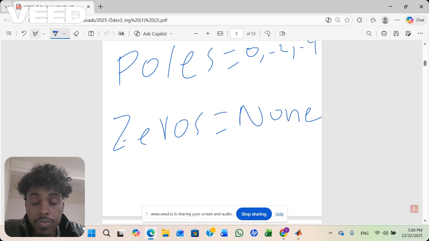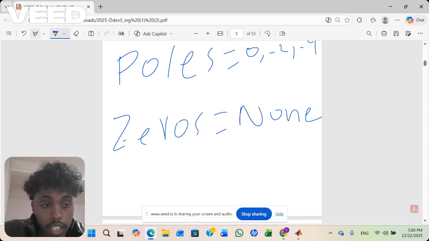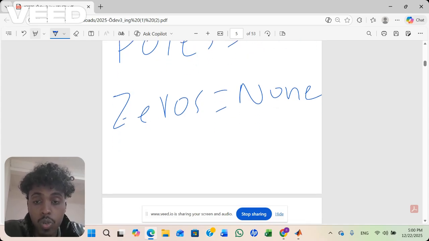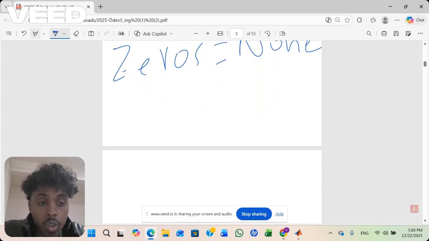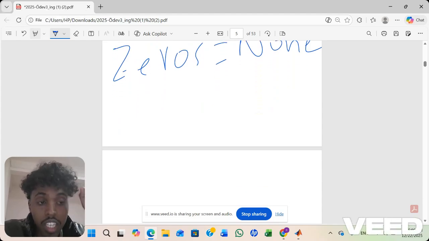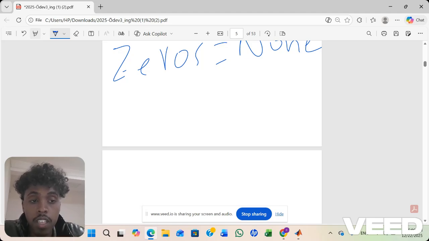So the locus branches start at the poles and go to infinity. Now we have to show the points on the real axis.